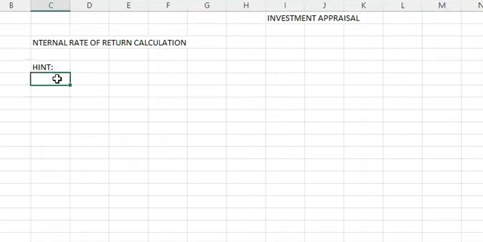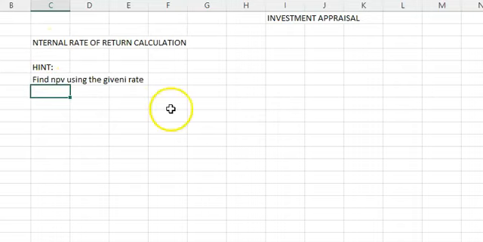Hint number one, find NPV using the given rate.